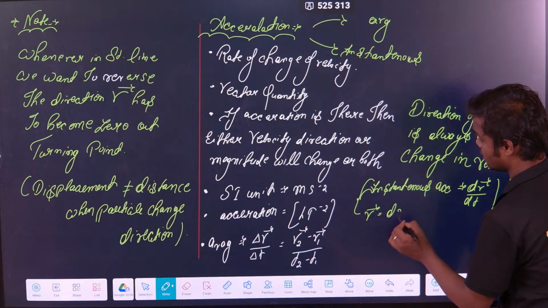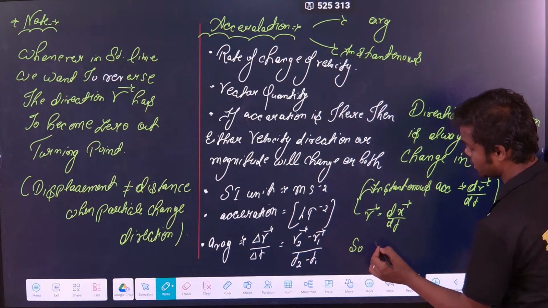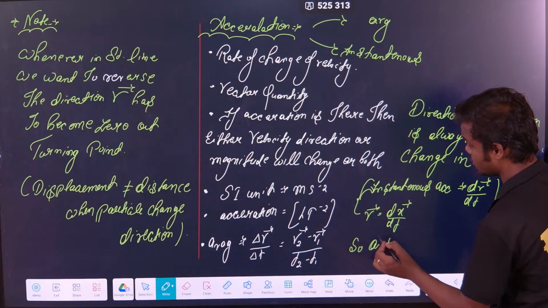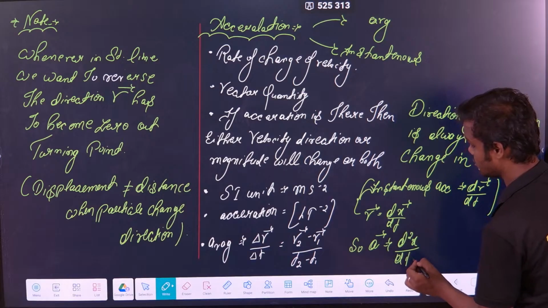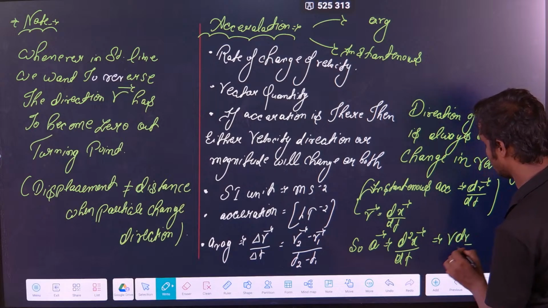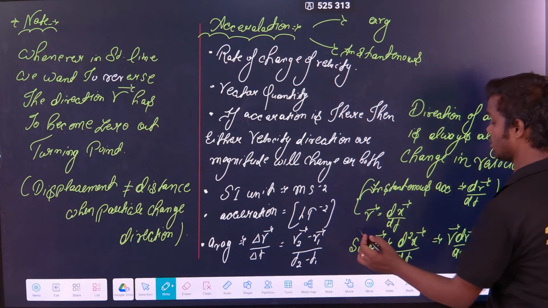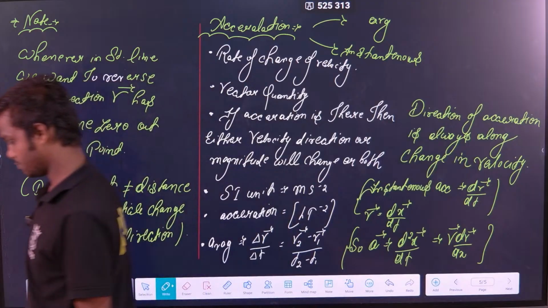The v vector is dx vector by dt. So can I say my acceleration will be d^2x by dt^2, correct? And this can be written as v dv by dx.